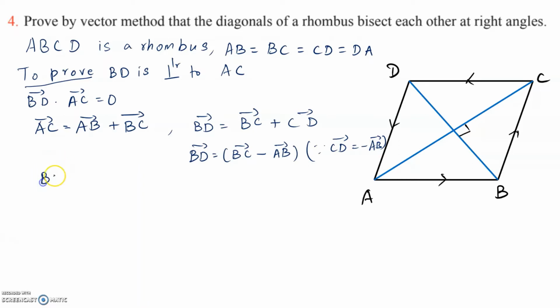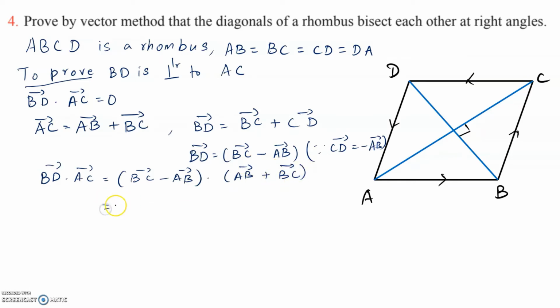So BD dot product with AC will be equal to BD, which is BC vector minus AB vector, dot product with AB vector plus BC vector.